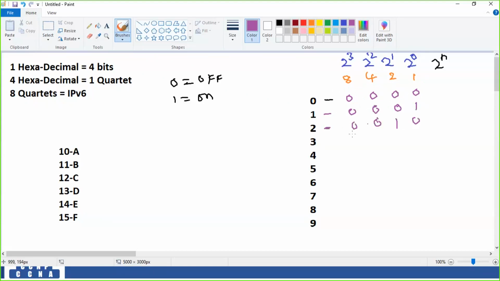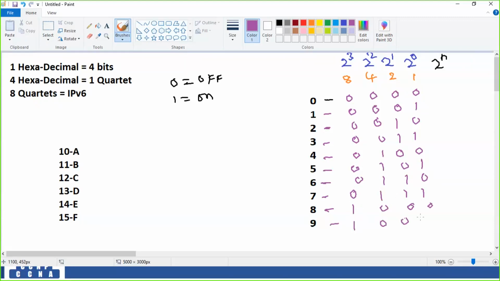What about 3? 0011. 4 is 0100. 5 is 0101. 6 is 0110. 7 is 0111. 8 is 1000. 9 is 1001.